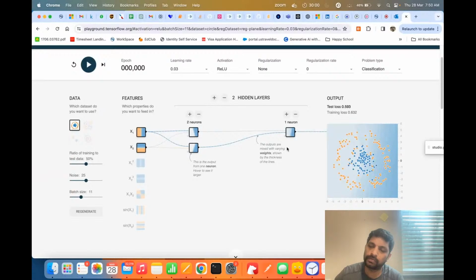So if I substitute z here: 1 by 1 plus e power minus (w11 x1 plus w12 x2 plus b11), plus w32 into 1 by 1 plus e power minus (w21 x1 plus w22 x2 plus b21), plus b31.